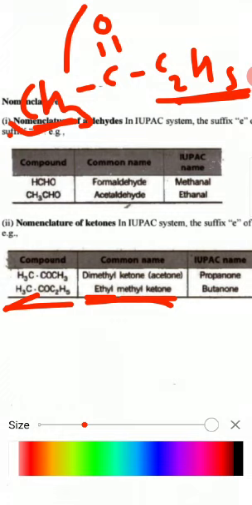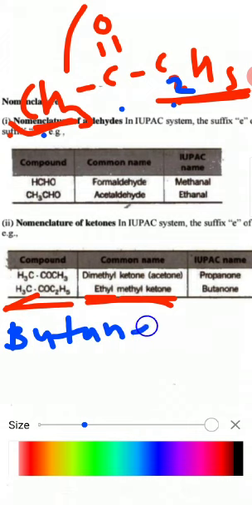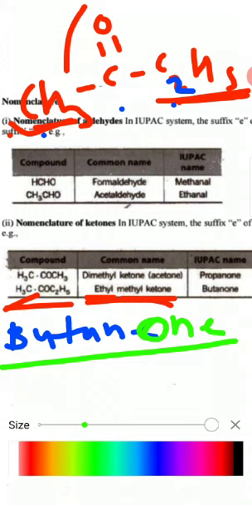Now the question is how to give the IUPAC name. Students, see carefully, how many carbon atoms are present? Total 1, 2 and 3, and here also 1, so 4 carbon atoms are present. Hence the parent alkane is butane. But we know that E is replaced by ONE, hence the name of this compound is butanone.